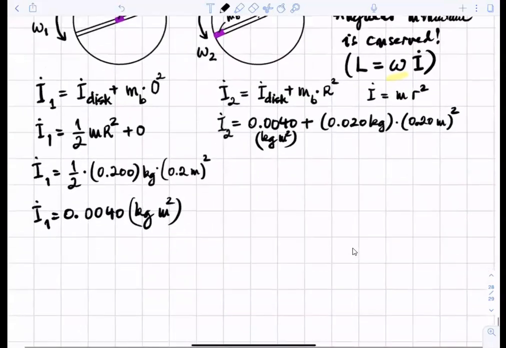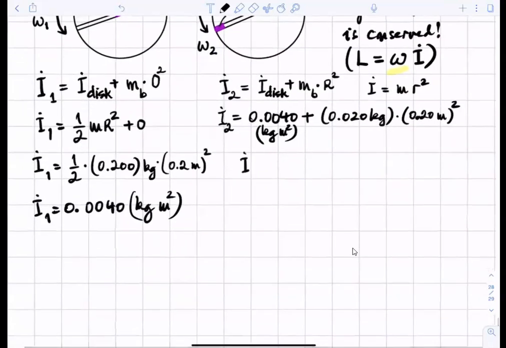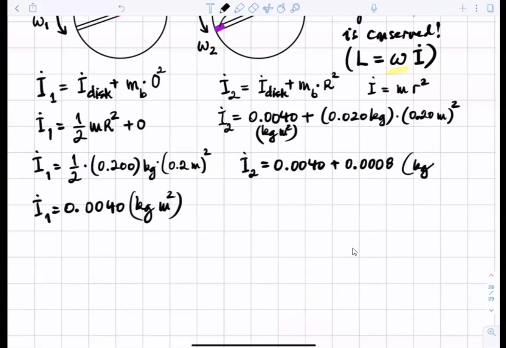All right, so by the time you're done calculating, let's see what we get. 0.0040 plus 0.0008, I believe it's only 3 zeros. These are all in kilograms meter squared. Final answer here becomes 0.0048.